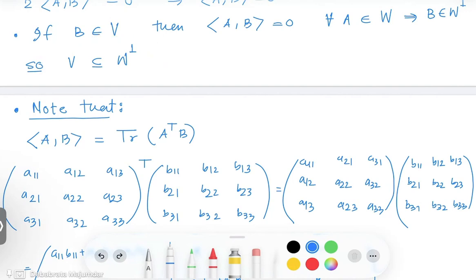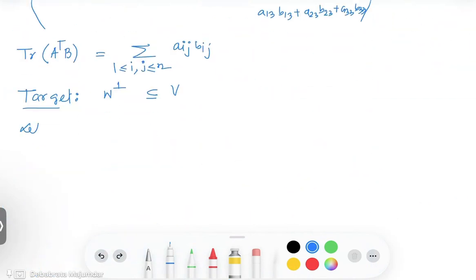Now I have to show W perp is a subset of V. So let A belong to W perp. It will imply that the inner product of A and S is equal to 0 for all S belonging to W, right?